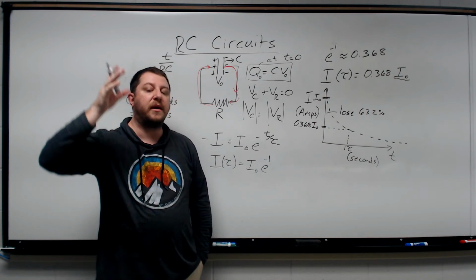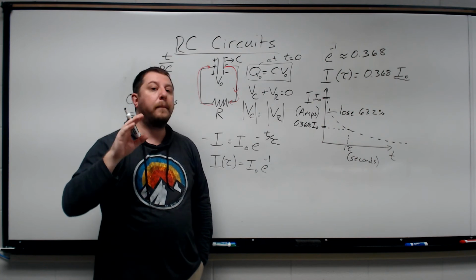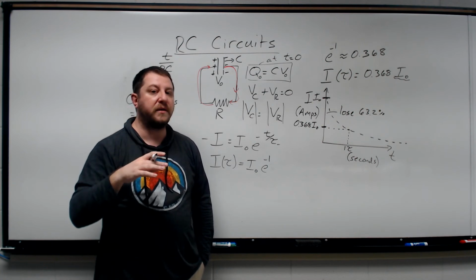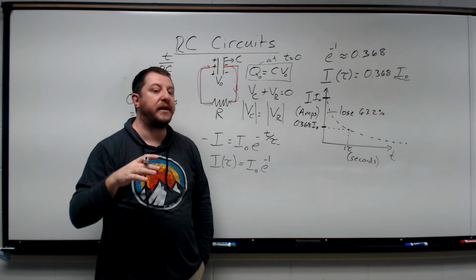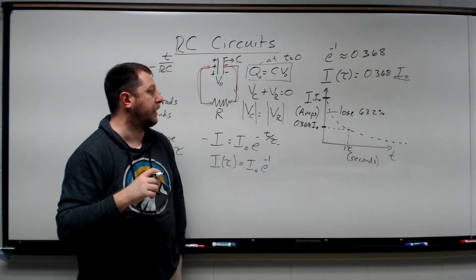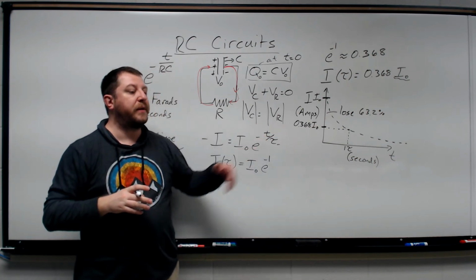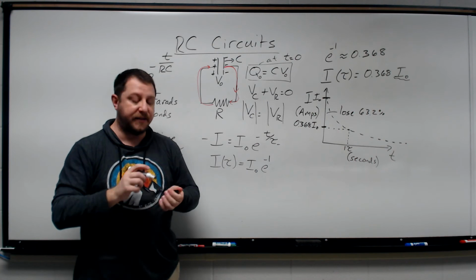So in one time constant, my current is going to have dropped by 63.2%. My voltage across both components will drop by 63.2%, and the charge on the plates will decrease by 63.2%. Theoretically, the exponential function never gets to 0.